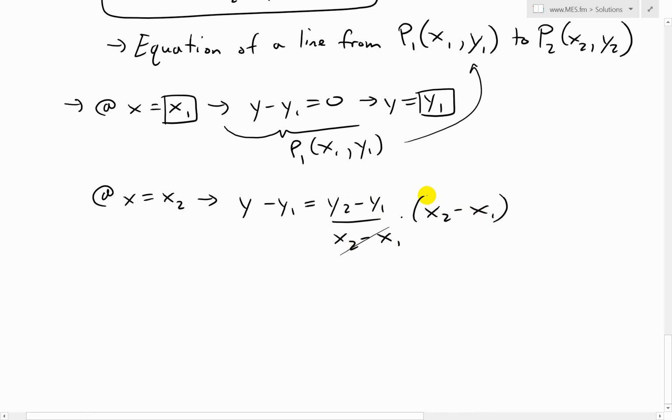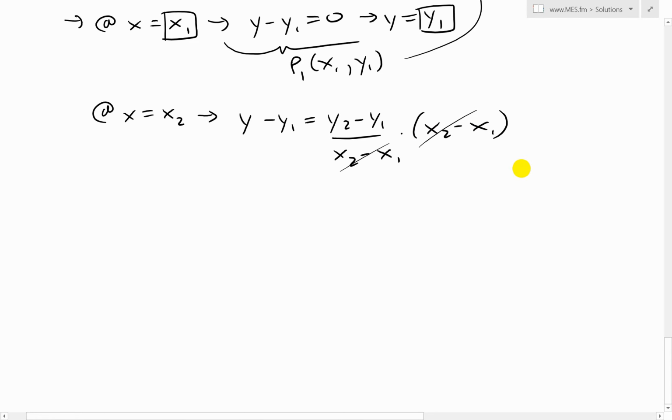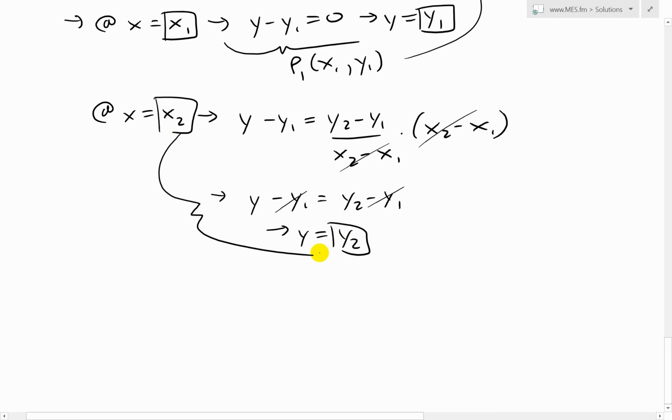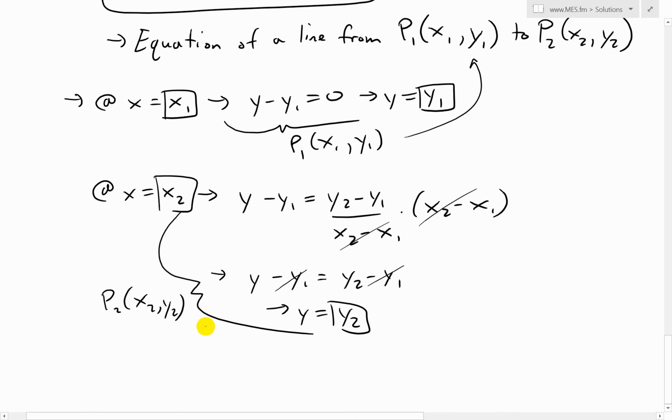Those cancel, so we're left with y minus y1 equals y2 minus y1. These just cancel, and we're left with y equals y2. So these correspond to the point P2, x2, y2, which is again the exact same thing here.